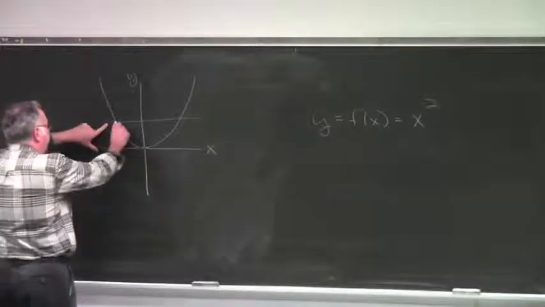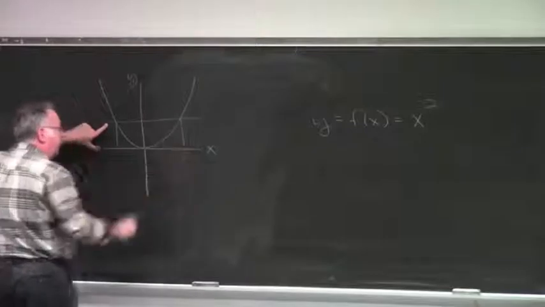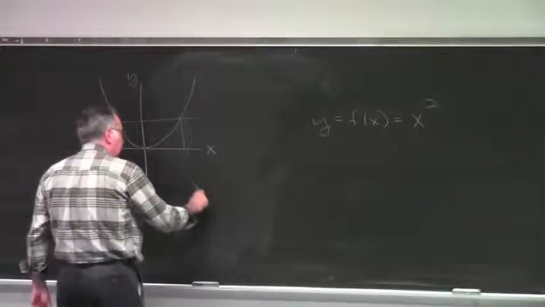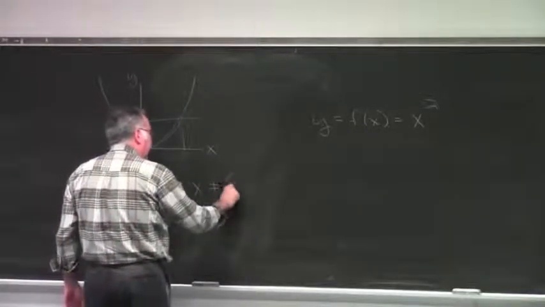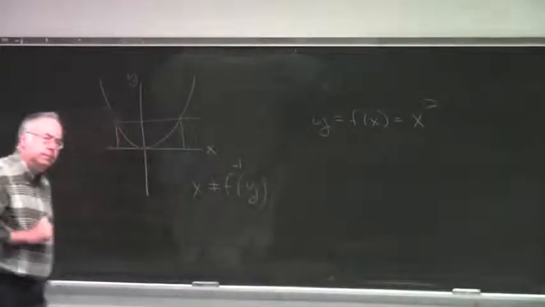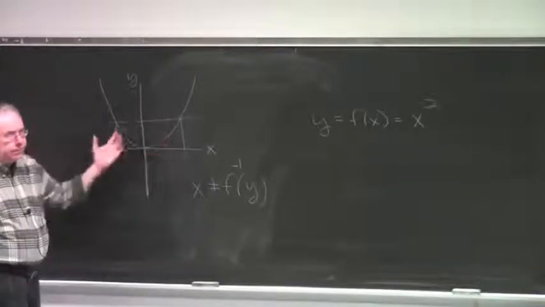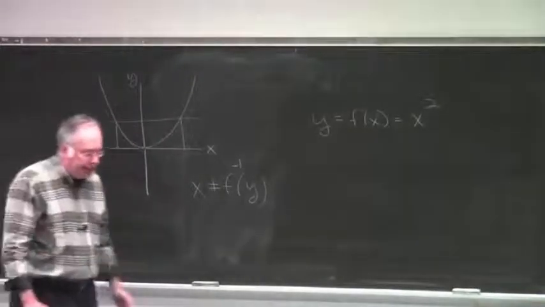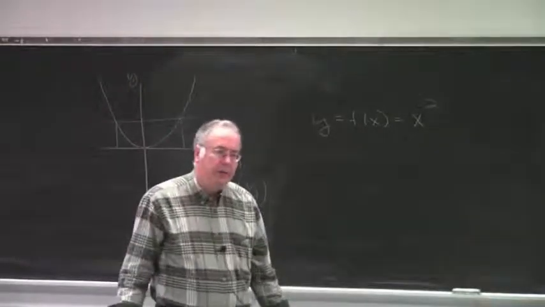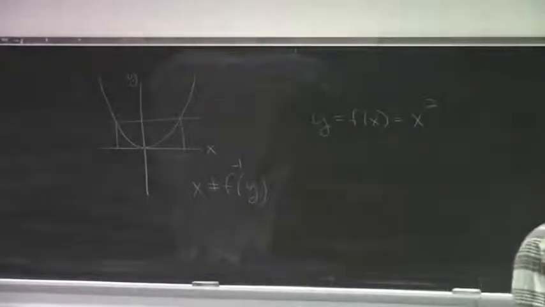And for this value of y, there's two values of x. So while y is a function of x, x is not a function of y. So the inverse function does not exist in this case.